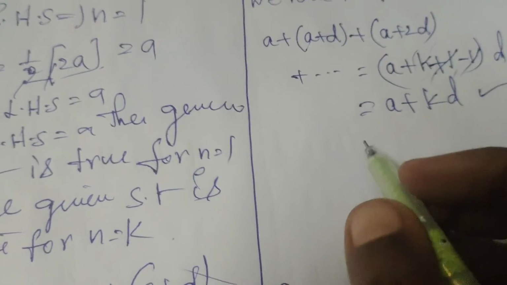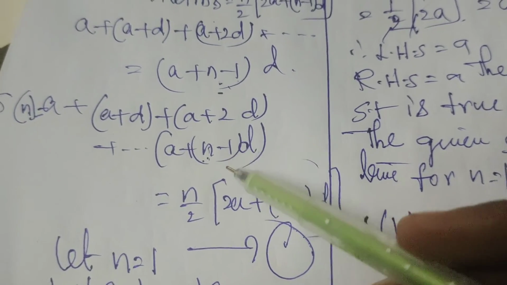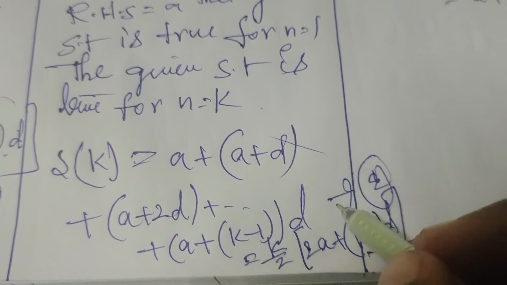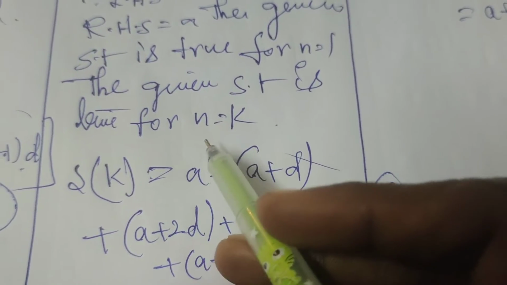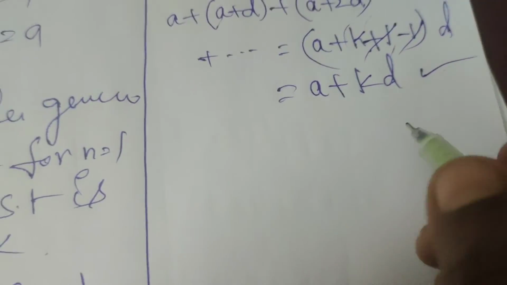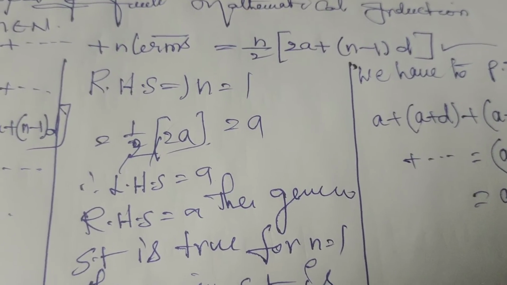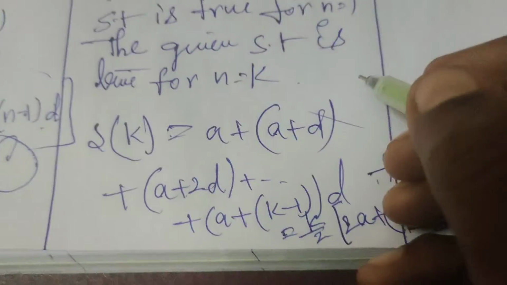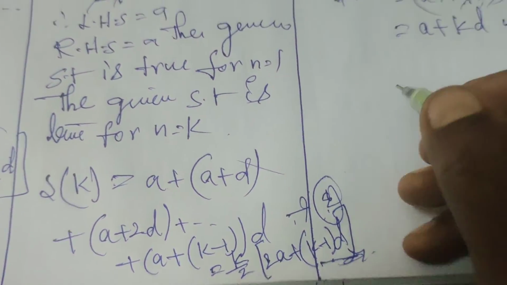Now, by equation 2, which we already assumed, we add a plus kd to both sides, LHS and RHS, to get the required result for n equals k plus 1.